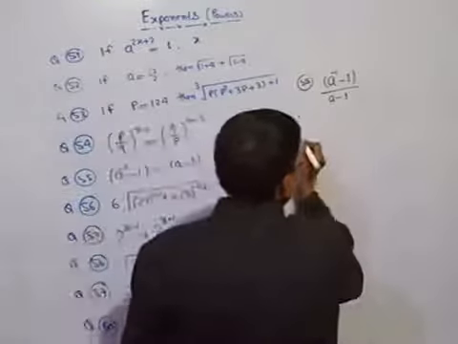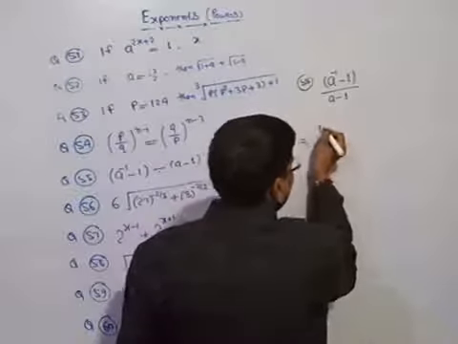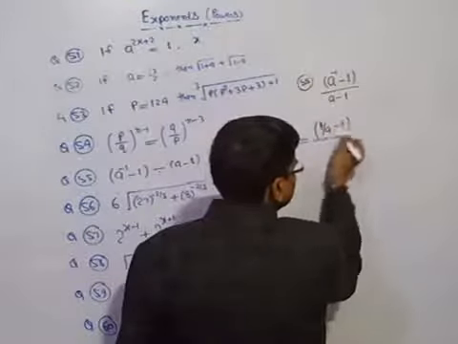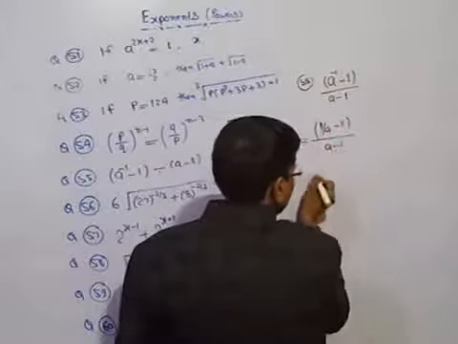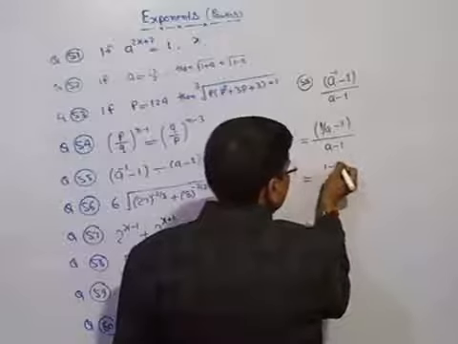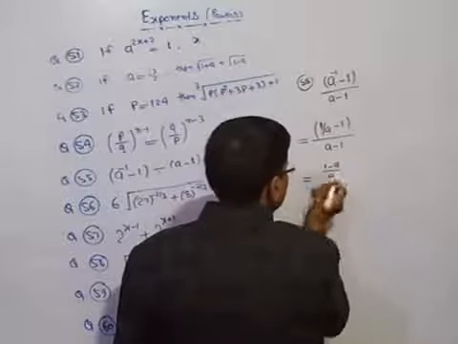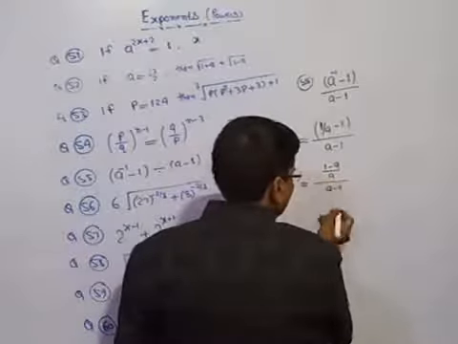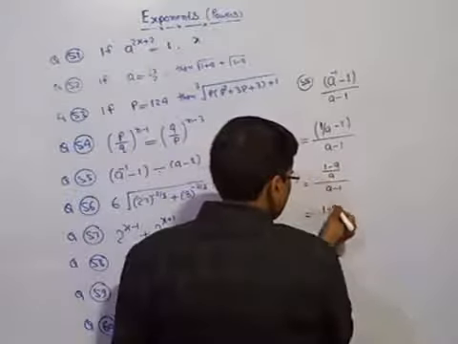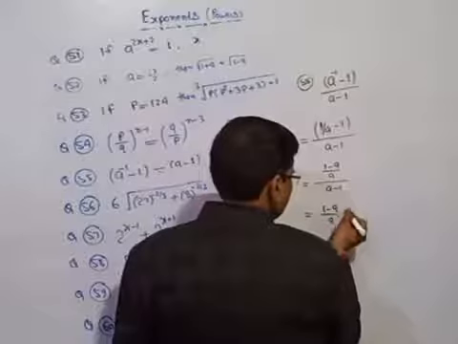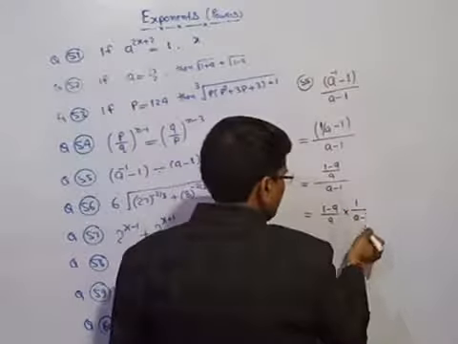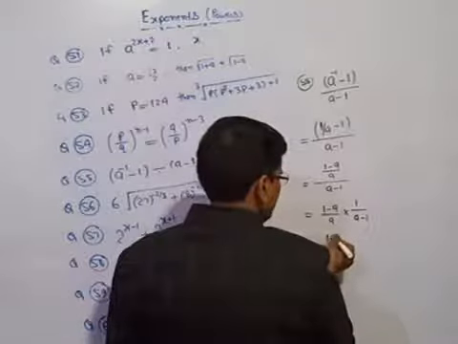We can write this step as 1 upon a, divided by a minus 1, that is 1 minus a upon a, equal to a minus 1, 1 minus a upon a, times 1 upon a minus 1.